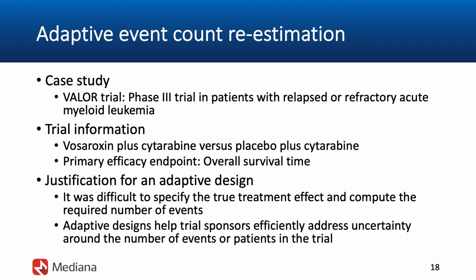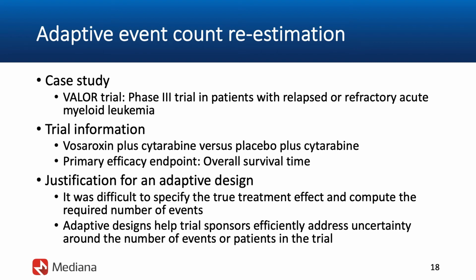It was a randomized, controlled clinical trial in patients with relapsed or refractory AML, or acute myeloid leukemia, and it was designed to investigate the efficacy and safety of an experimental treatment plus chemotherapy versus chemotherapy alone.